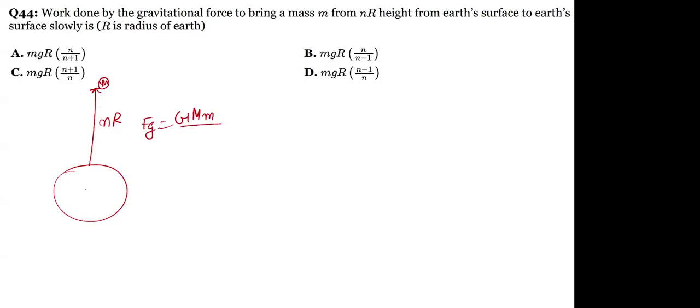Now, work done by the gravitational force to bring a mass m from nR height of earth surface to earth surface slowly is. So from the earth surface, the height given is nR, and here is the particle of mass. Now we have to do work against the gravitational force, because the force acting between them is G capital M small m upon the distance measured from the center of earth, so it will be nR plus R, let's say R is the radius of earth.